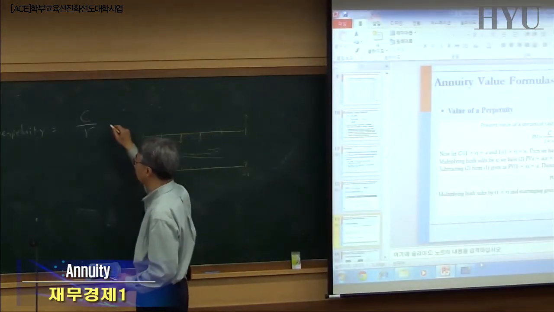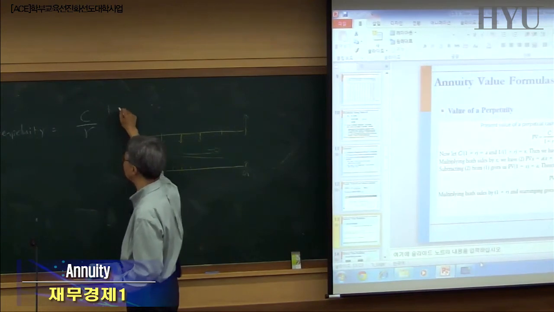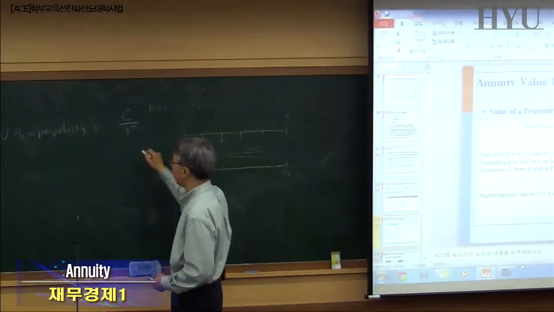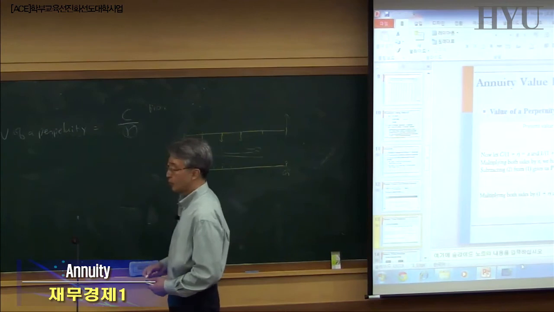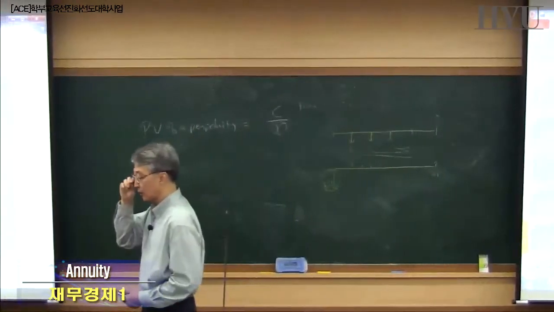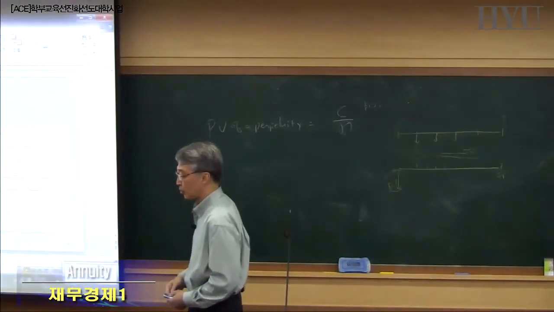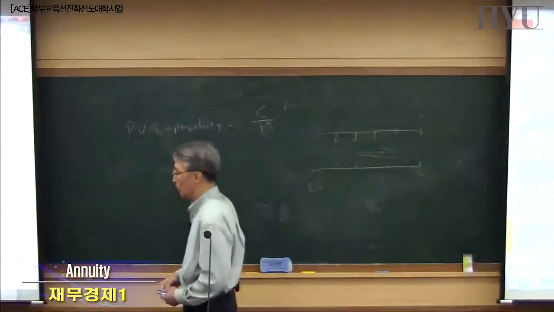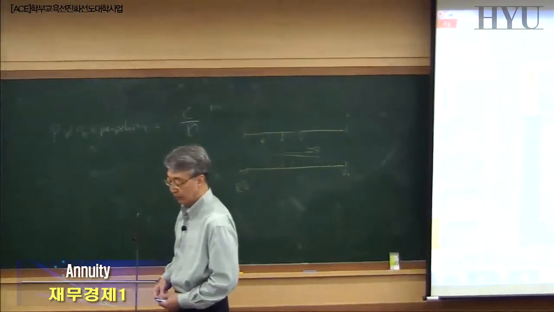So if the payment is $10 per period, R is the interest rate or discount rate. I told you last class, it should be the market interest rate or the opportunity cost of your money.